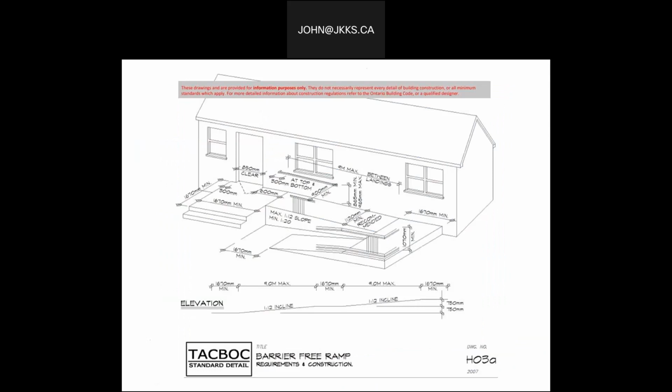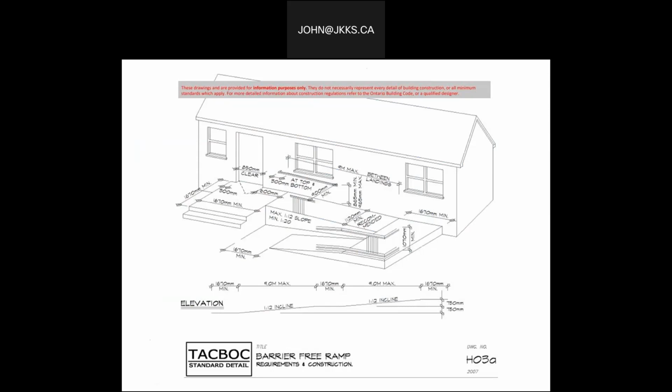And if we take a look at building codes in general, provincial building codes are really just an offshoot of the National Building Code of Canada. So again, you're going to have some slight variations, depending upon the provincial flavor for their building codes. But again, this depiction helps show us some of the illustrations of what these requirements are for a barrier-free ramp.